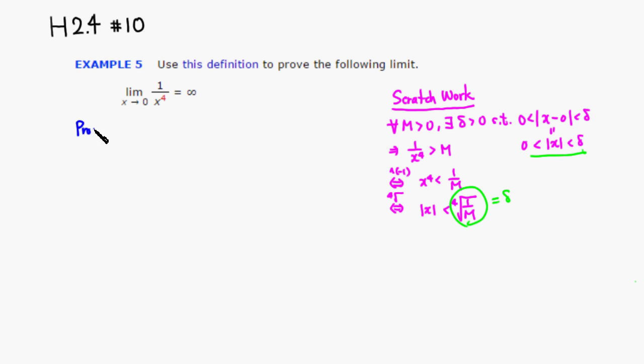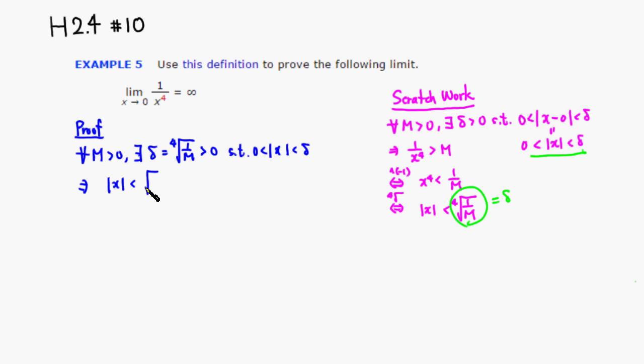So, proof. For all capital M greater than 0, there exists delta. We're going to set that to be the fourth root of 1 over M, which is going to be positive, such that if the absolute value of x is between 0 and delta, which means that since we already know that delta is the fourth root of 1 over M, then we can raise it to the fourth power.